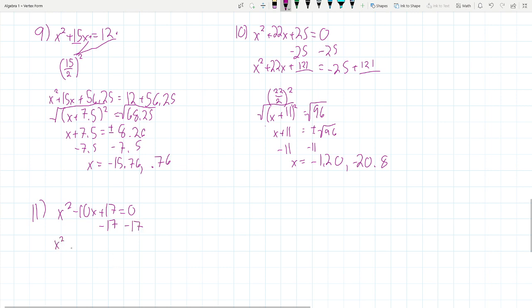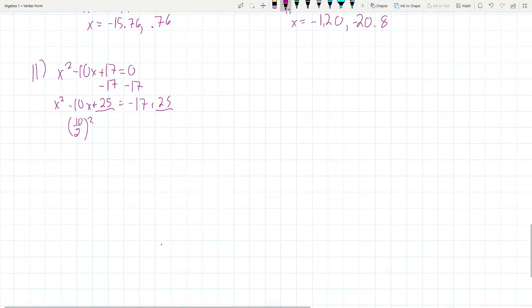I get x squared minus 10x plus blank equals negative 17 plus some number. 10 divided by 2 is 5, squared is 25. And so I get x minus 5 squared equals 8.